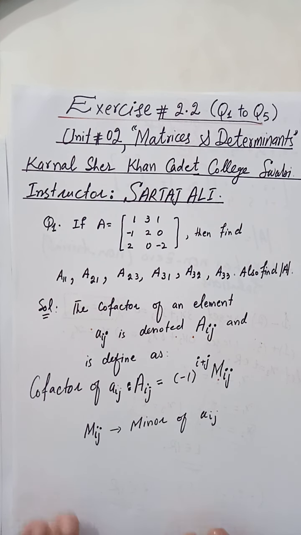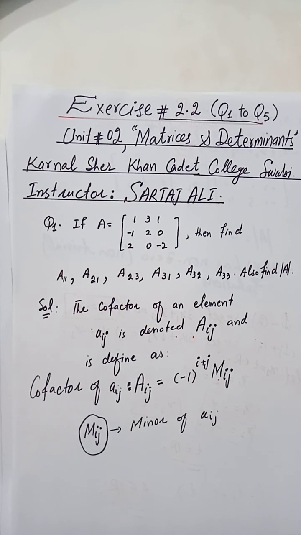And how can you find out this minor? You need to cancel out the ith row and jth column and take the determinant of the rest of the matrix. So you will get the minor of that element.